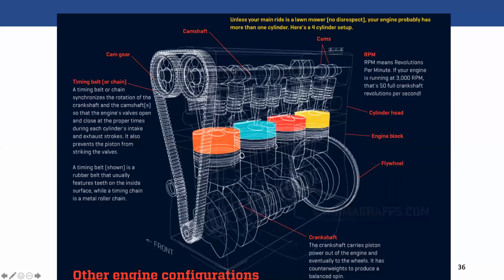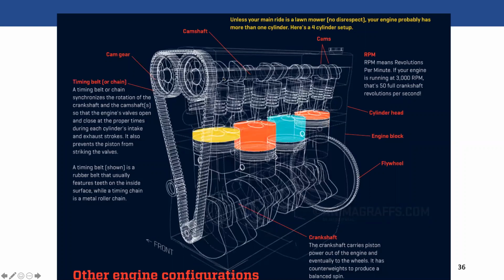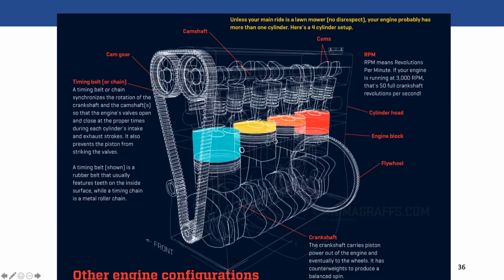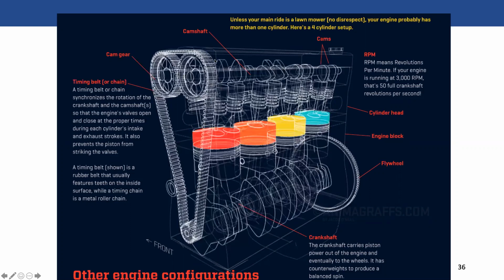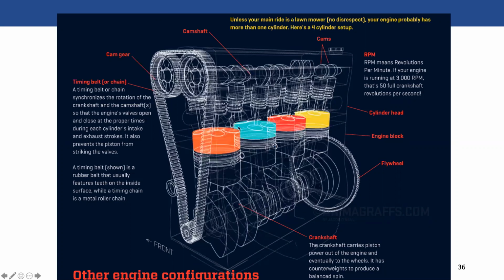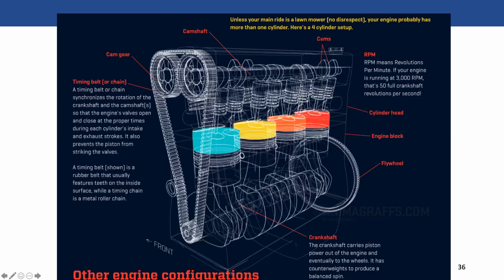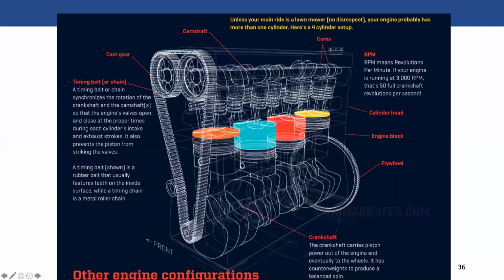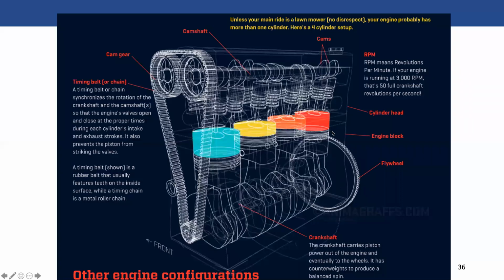The camshaft has these cams attached to it, which are rotating. And as you can see, these are mechanically timing this whole process so that it's opening the valves, injecting the fuel, and having the spark plug go off, all in sync with the movement of your pistons.